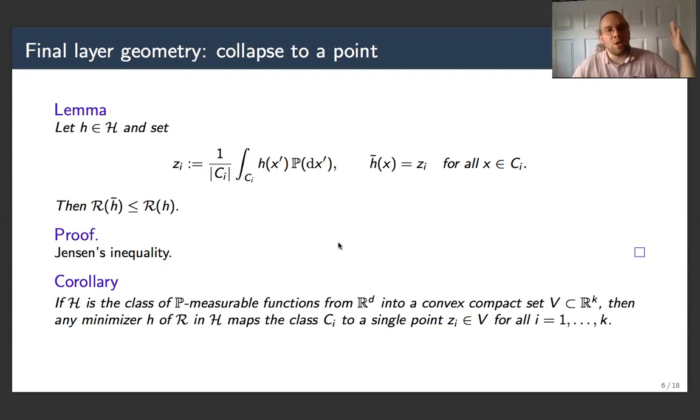Now, we note that we need the compactness constraint because cross-entropy loss never becomes 0. So cross-entropy on an unconstrained class doesn't have minimizers. But if we limit ourselves to a bounded set, then we do have minimizers and we can make this observation.